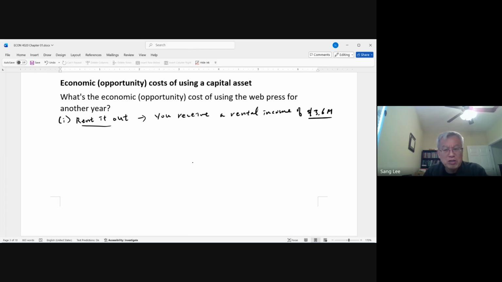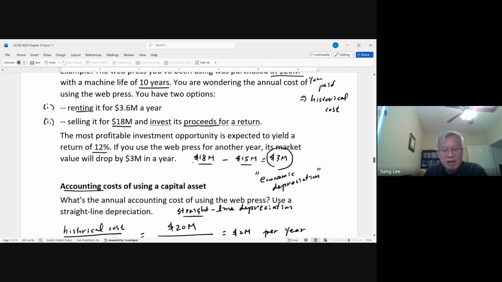So what did we assume here? If we go back, we recognized economic depreciation. You leave it in someone else's hands for a year, then by the time you get your machine back, your machine no longer has the same market value because its market value is falling. Here we assumed that a year later, its market value is falling by $3 million.